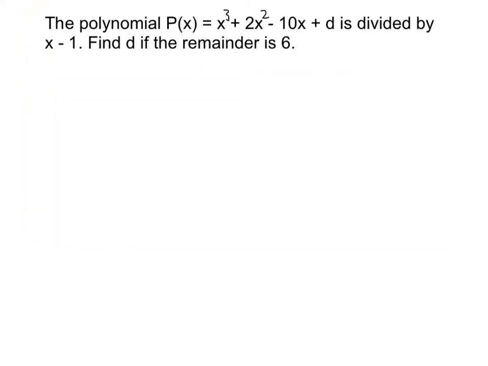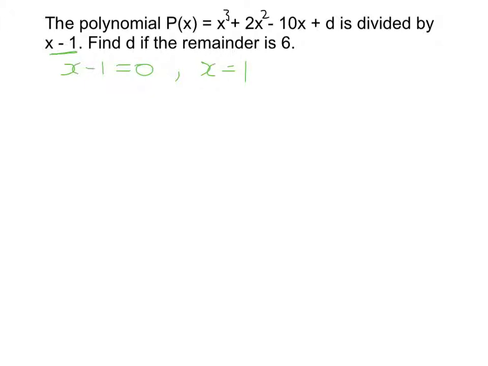The polynomial p of x equals x cubed plus 2x squared take away 10x plus d is divided by x minus 1. Find d if the remainder is 6. So if we use our remainder theorem, we look at this x minus 1, set that equal to 0, rearrange that, x will be equal to 1.